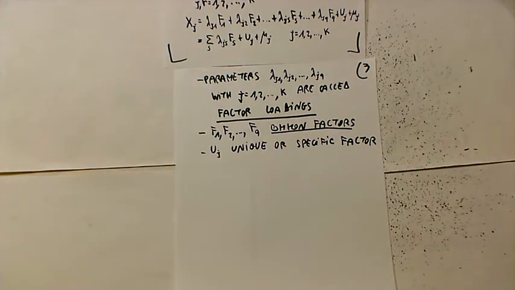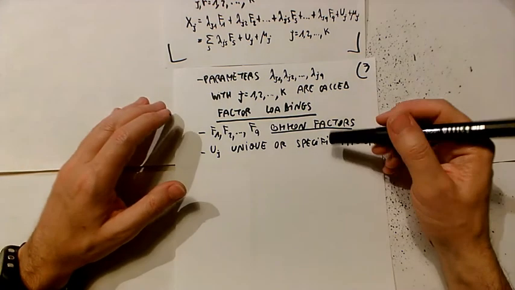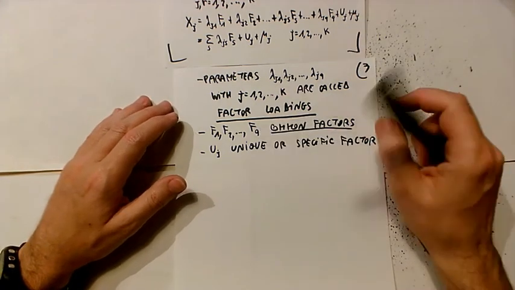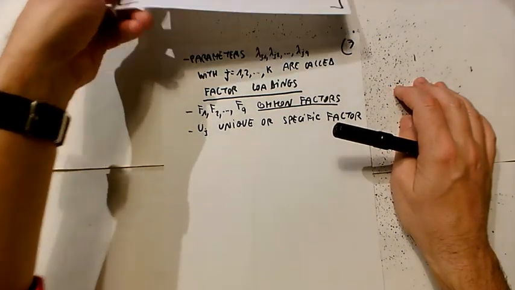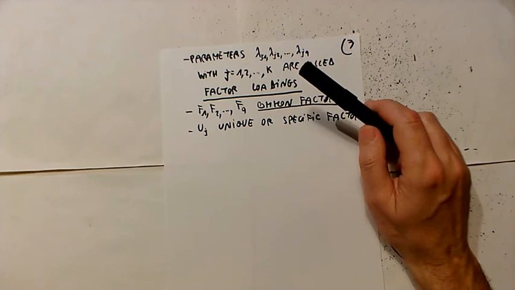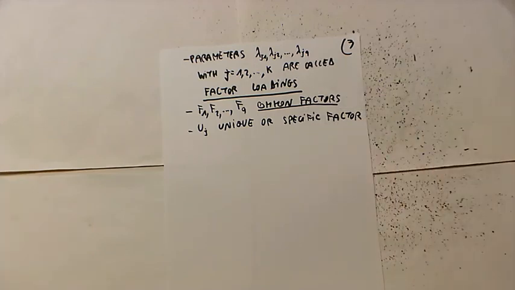What we need is to focus on the factors f1, f2, fq, because the common factors are what we previously called factors. So the factors of factor analysis, the new variables that must explain the original information of the data set, are the common factors f1, f2, fq.